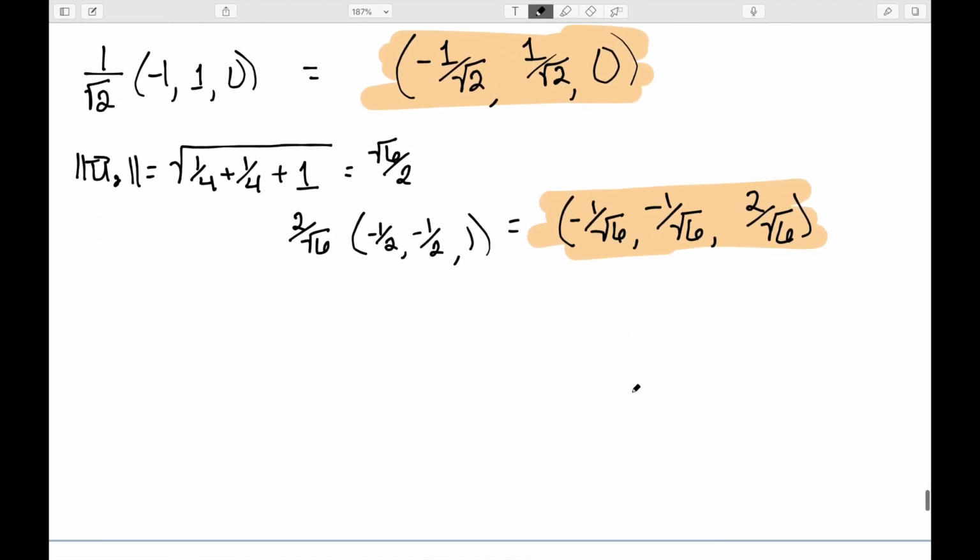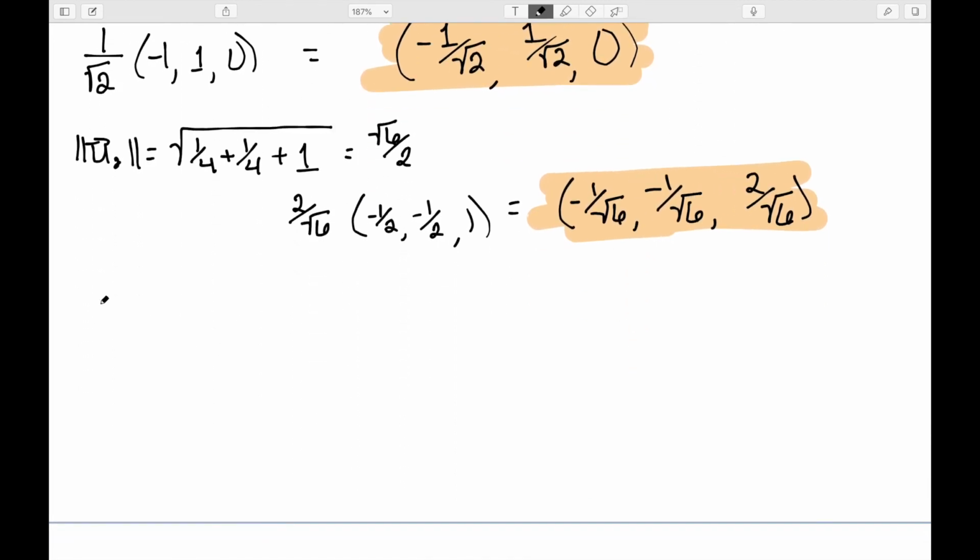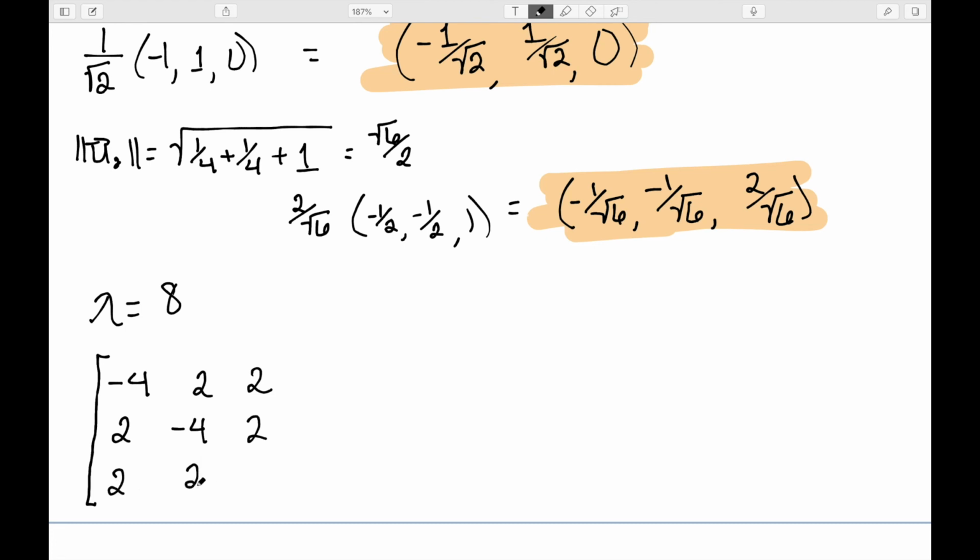Now that we've got those, we need to check what happens with my other eigenvalue, which was 8. My original matrix had 4s on the diagonal and 2s everywhere else, so 4 minus 8 is -4. 2, 2. 2, 4 minus 8, 2. 2, 2, 4 minus 8.